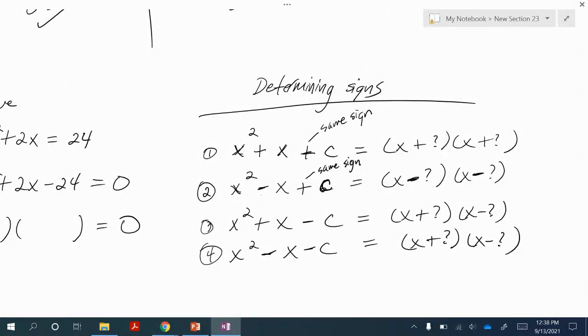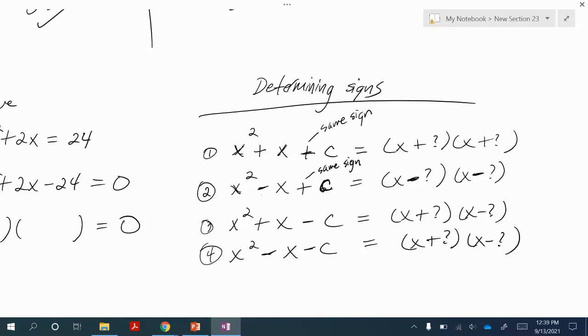So in a nutshell, if your last term is positive, then you're going to have 2 signs the same as your middle term. But if the last term is negative, it doesn't matter what the sign of your middle term is, one of your numbers is positive and one of your numbers is negative.